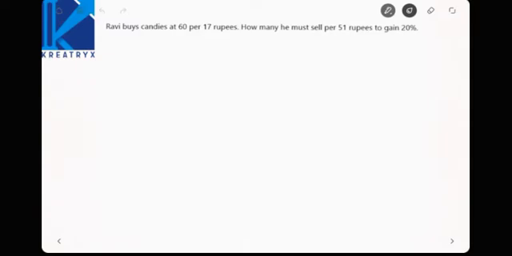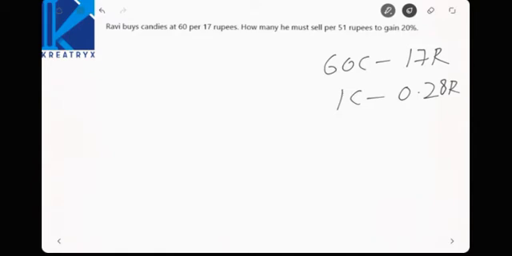Ravi buys candies at 60 per 17 rupees. 60 candies were bought for 17 rupees. Now 1 candy cost him how much? Will it be 17 divided by 60? That will be equal to 0.28 rupees for one candy.